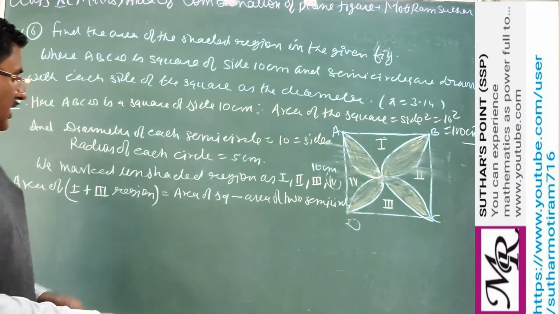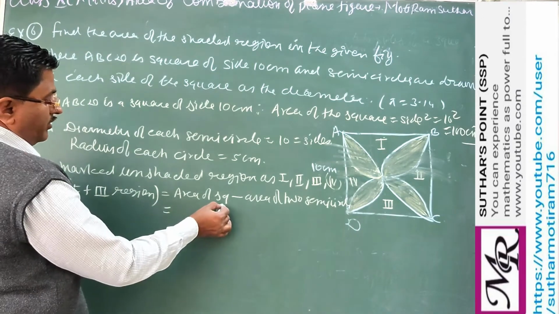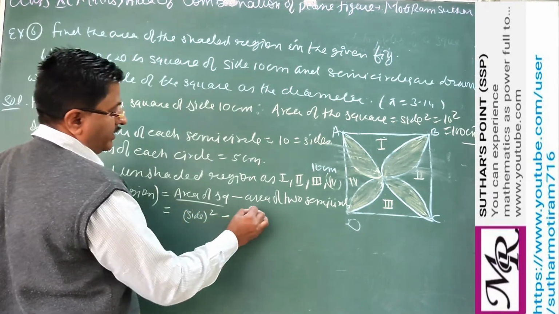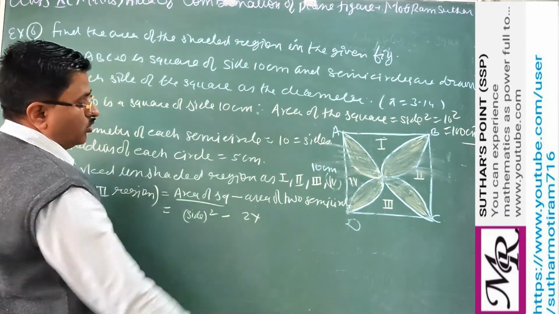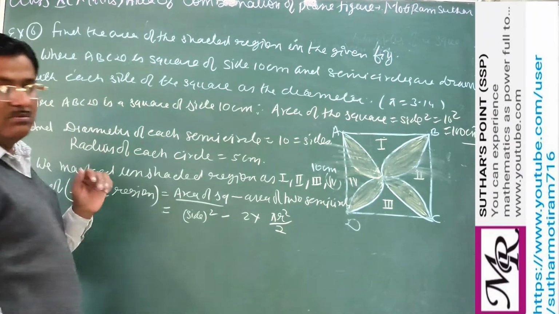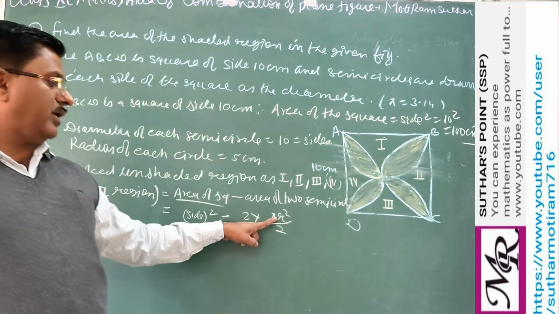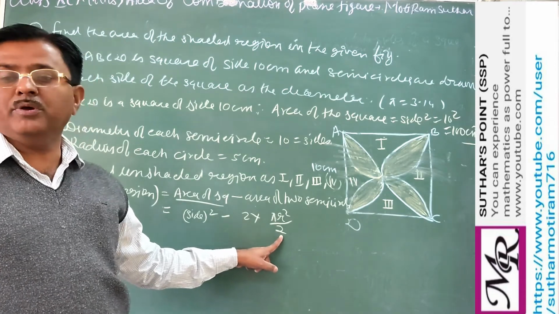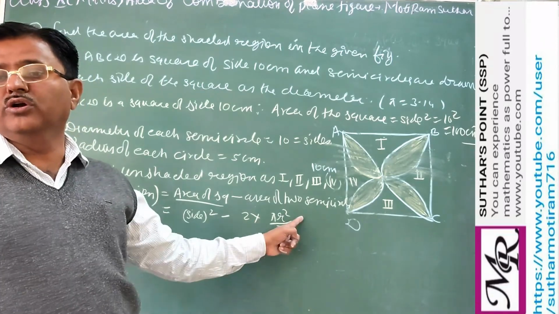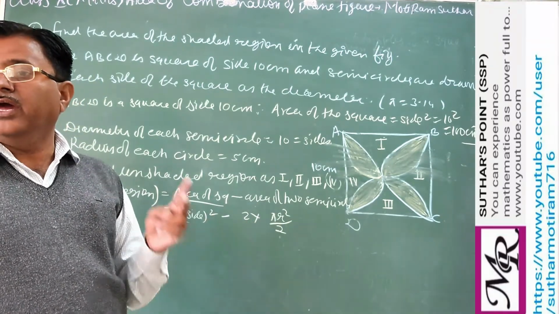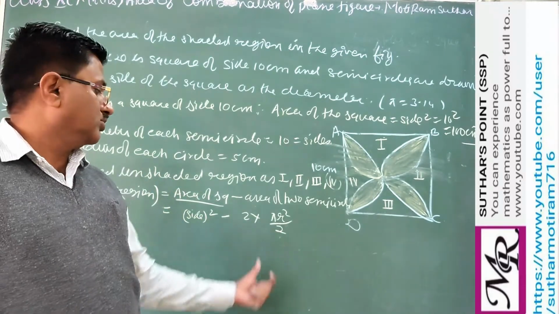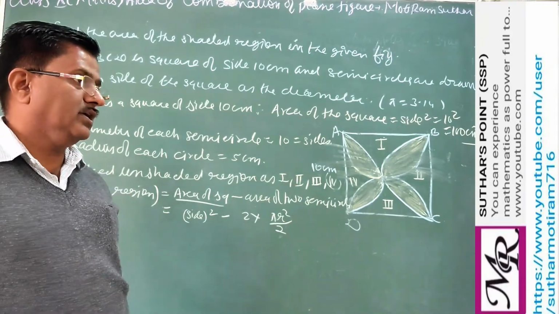Correct? So see here, area of the square we already found, or you can write again on the side, square minus. Now area of two semicircles: 2 into semicircle means one circle. Area of a circle is pi r square. Area of one semicircle is pi r square by 2. Two semicircles, the 2 cancels, you get pi r square.